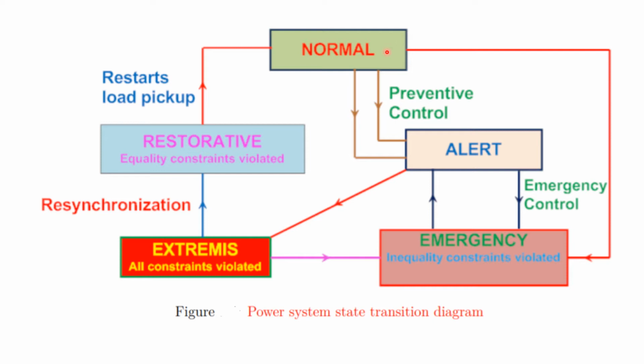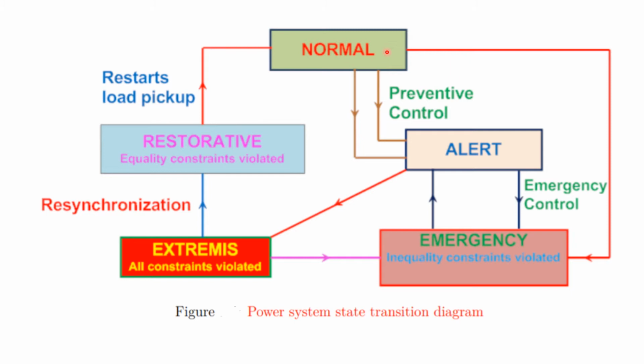Second constraint we are considering is inequality constraint. Here inequality constraint we can say generation limits, bus voltage limits, equipment currents, everything within the limits. There will be a given minimum and maximum, and whatever the values are, they should be within those limits. So we are considering here equality constraint and inequality constraint.